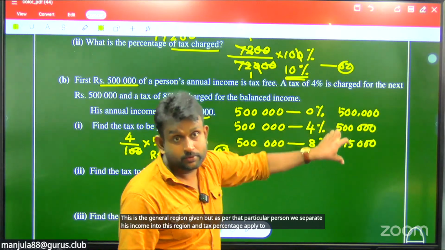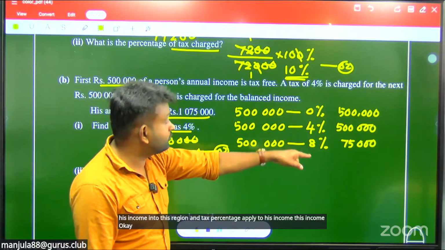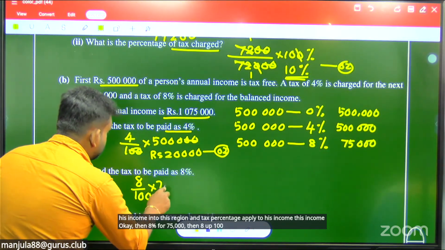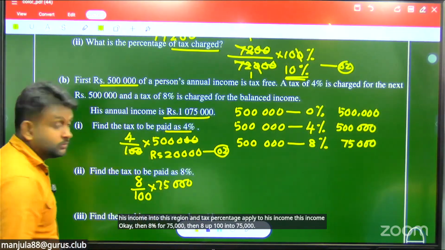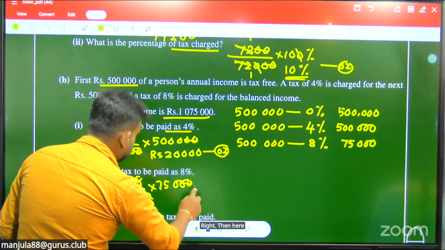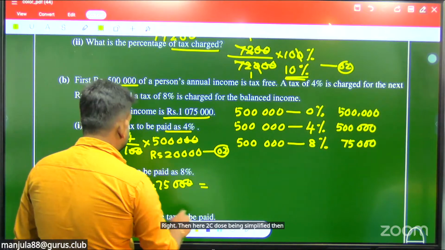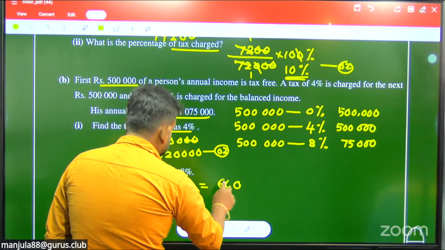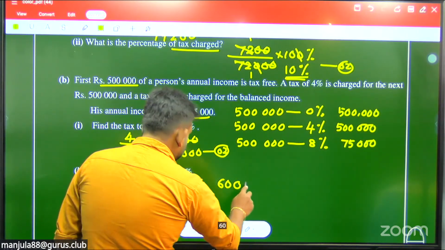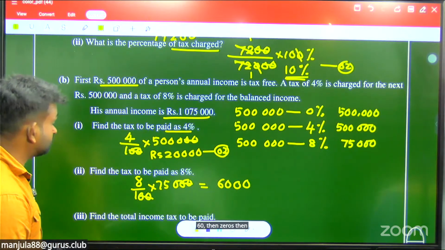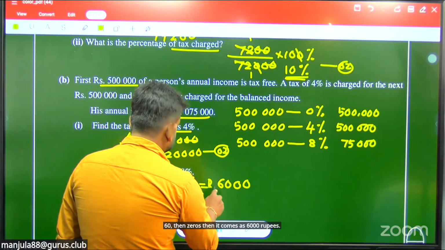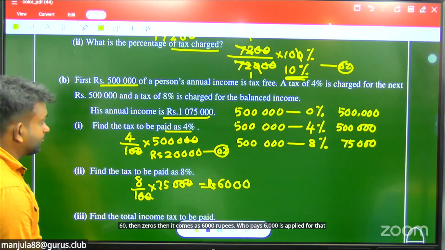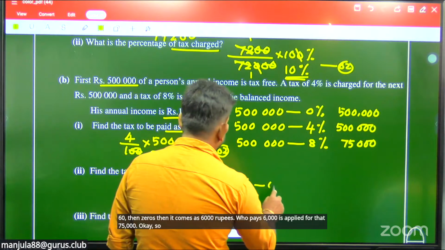So 8% for 75,000: 8 upon 100 into 75,000. Two zeros are simplified, then 8 into 75, 8 into 5 is 40, 60, then zeros. It comes as 6,000 rupees. Rupees 6,000 is applied for that 75,000. So that has 2 marks there.